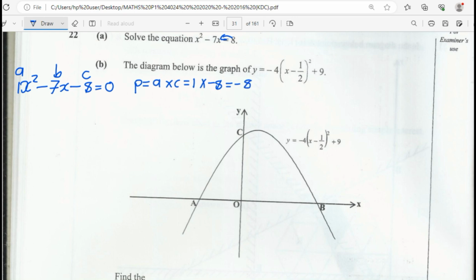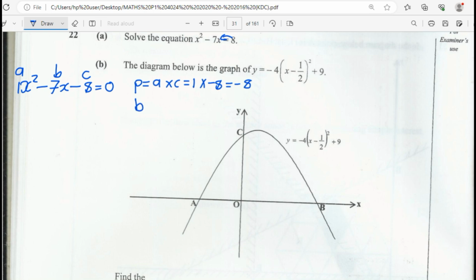Whenever the product is negative, one of the factors will have a negative sign and the other a positive. So the two factors will have different signs.